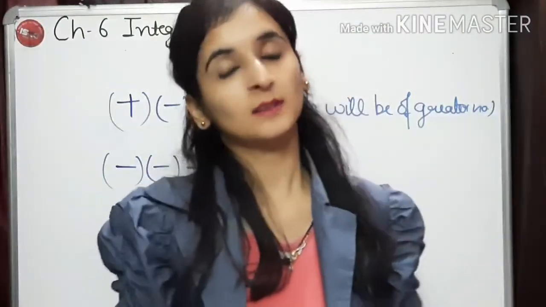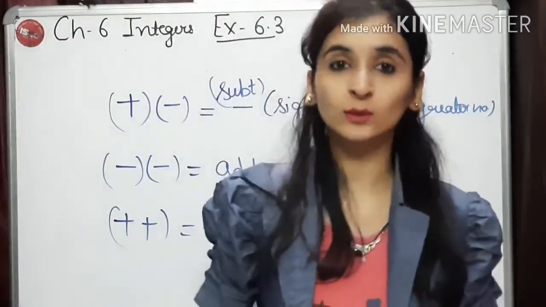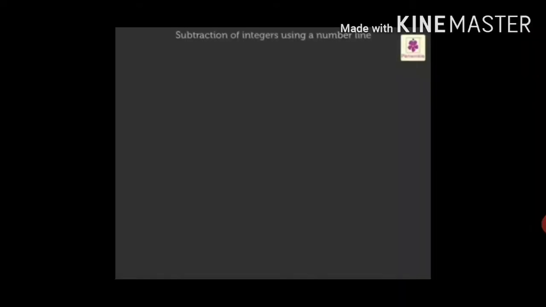So before starting the exercise, let us go through this video. Coming to subtraction of integers using a number line. Let us solve a few examples to understand in a better way. Example 1. Find -3 minus 4. Step 1.